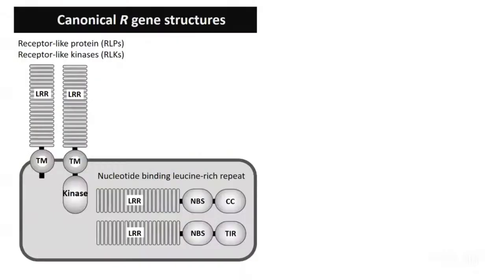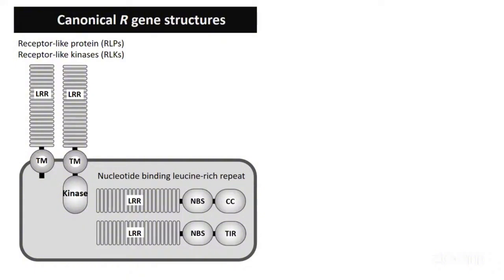And so by way of background, I mentioned in my previous presentation that most of the genes for disease resistance that have been genetically defined and subsequently cloned, they belong to 2 classes of resistance gene structures.